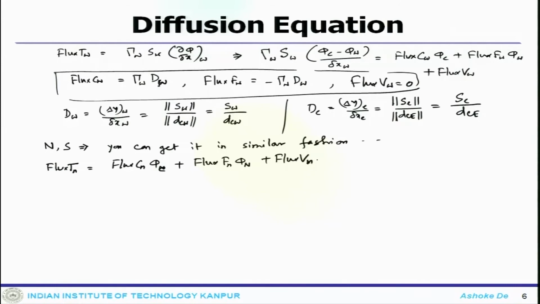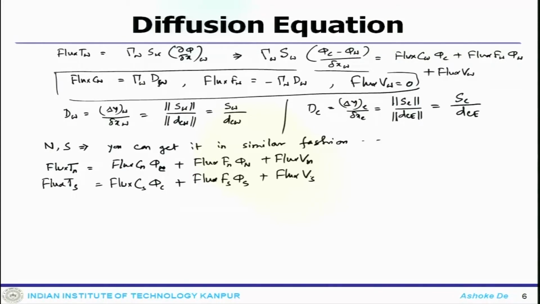Okay. And for the south, the total flux T s would be flux C s phi C, flux F s phi S plus flux V s.